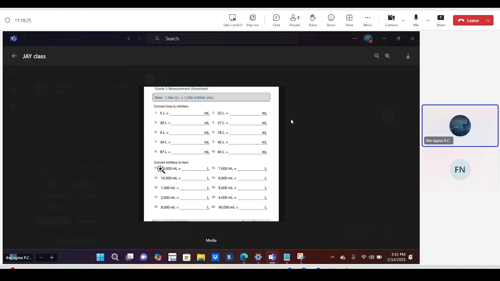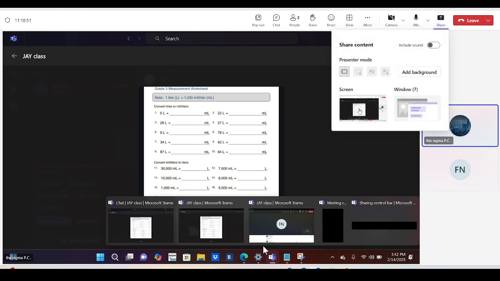All I have to do is 2, 4, 6, 8, 10. So 22 liters is 22,000 milliliters. 27,000. 78,000. 42,000. 84,000. Very good. Absolutely correct.